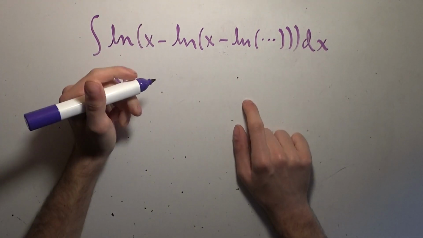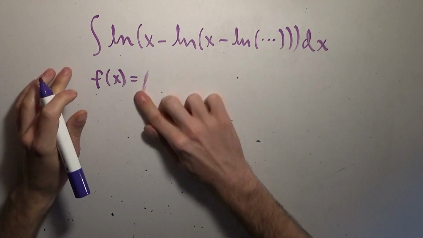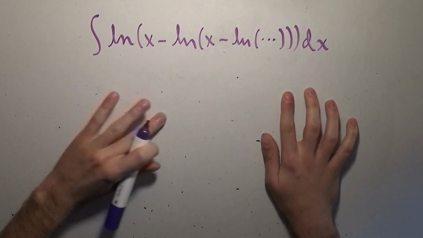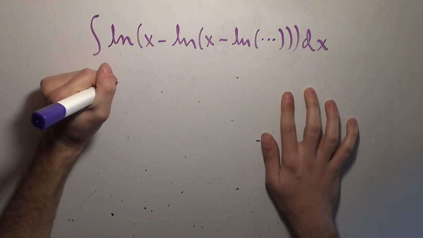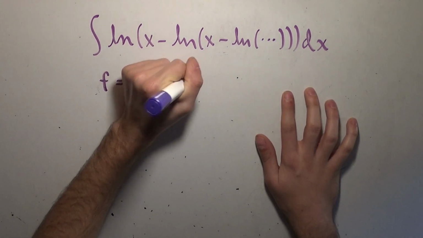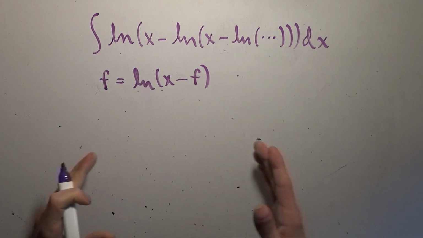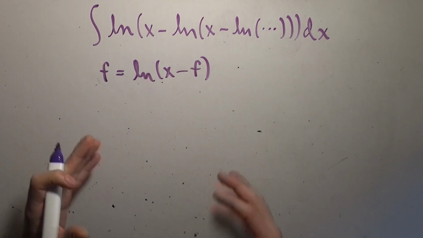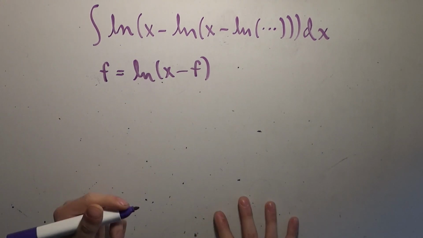So we can simply write f as he did: f equals ln of x minus f. That's sort of the way of replacing the way it's written into a more clean form. Let's see what we can maybe do with that.